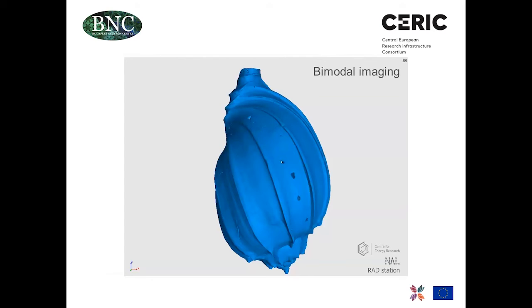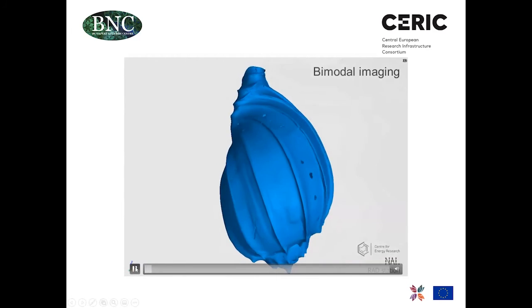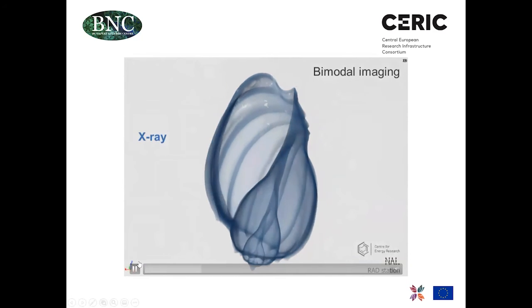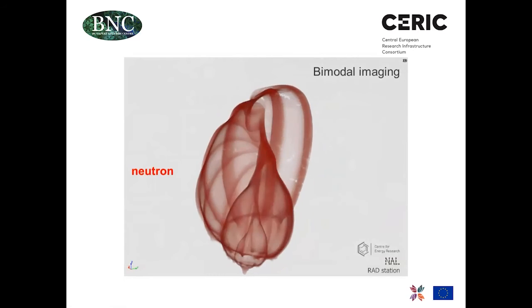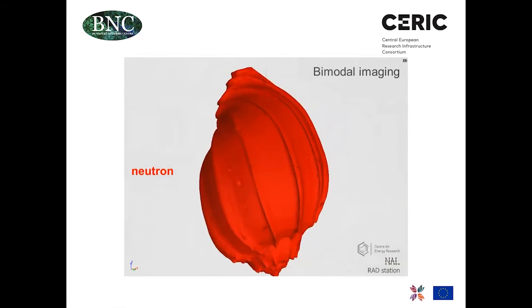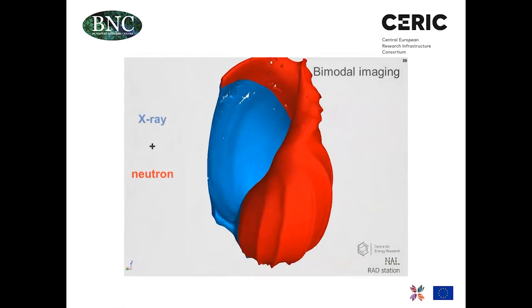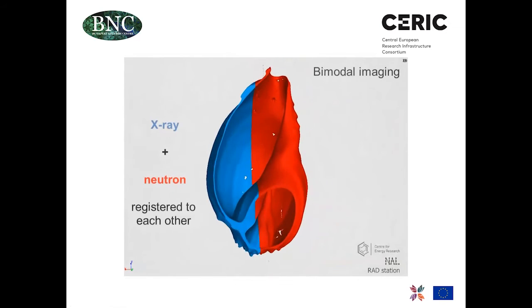And these two things were numerically aligned to each other, and then they are jointly visualized. The blue and the red segments will represent the information from either X-rays or neutrons. You can show them together or separately.